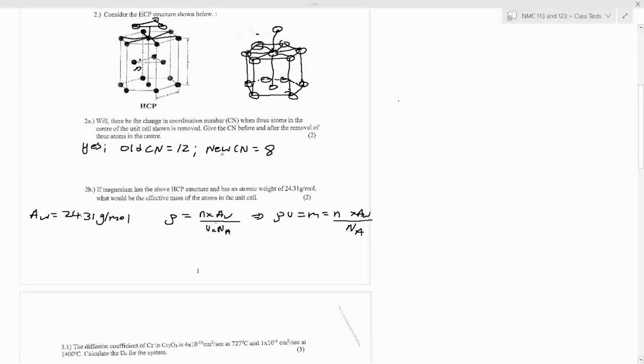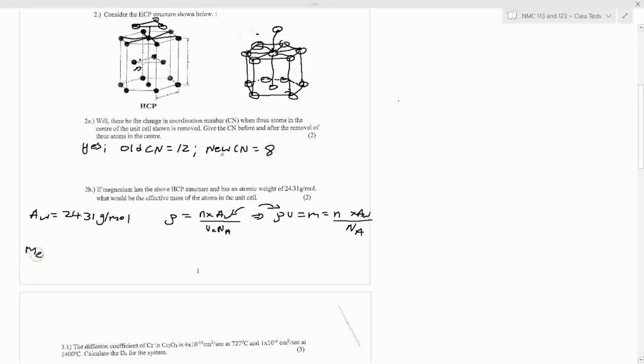After rearranging this equation, this is what you'll get. Now we can solve the problem.